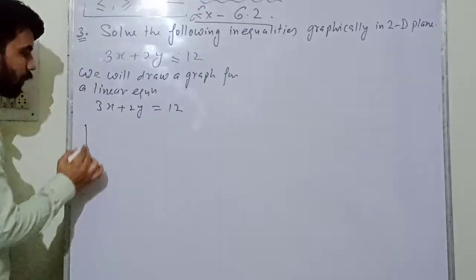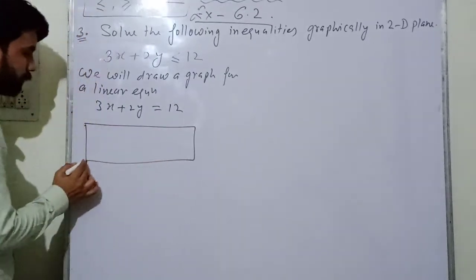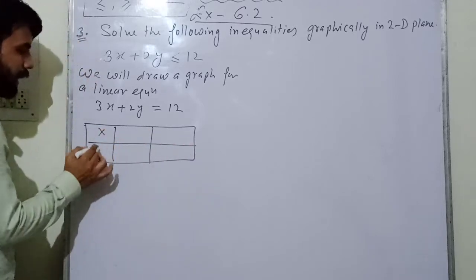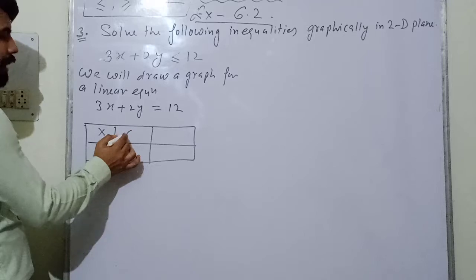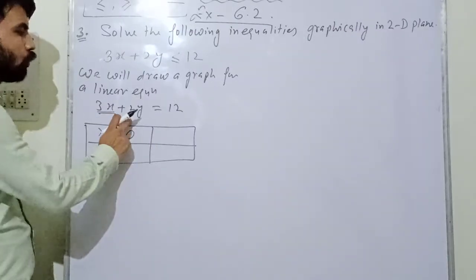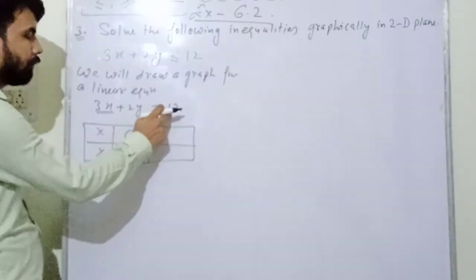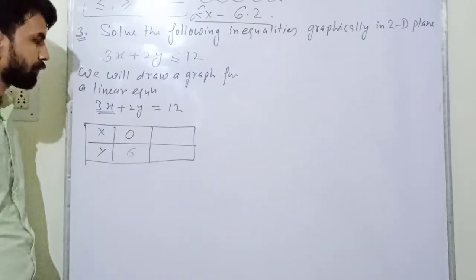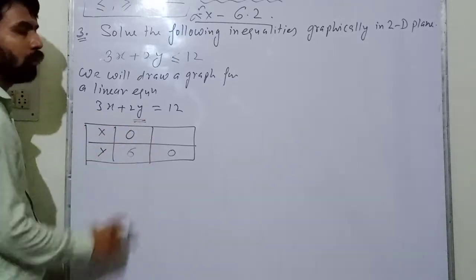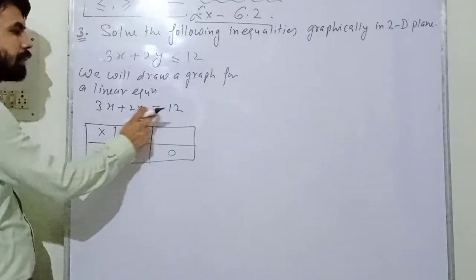Now we will have to find the points x and y. If we put x as 0, then 2y equals 12, so y equals how much? 6. Now if we put y as 0, then this whole value will be 0, and we will get 3x equals 12.